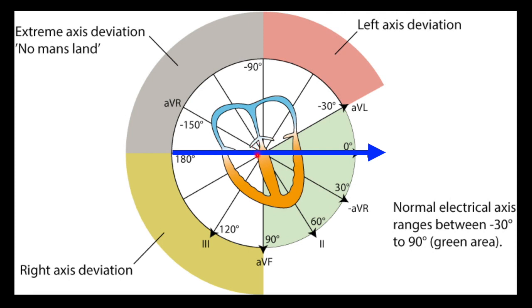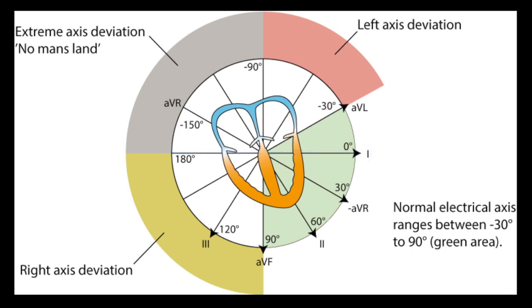If it is below the baseline, it's negative over here. If it's above the baseline, it's going in this direction just by convention. So this is positive lead 1. And so if the complex is positive in lead 1, that means that the axis has to be somewhere over here in this area, because this is the positive side of lead 1.